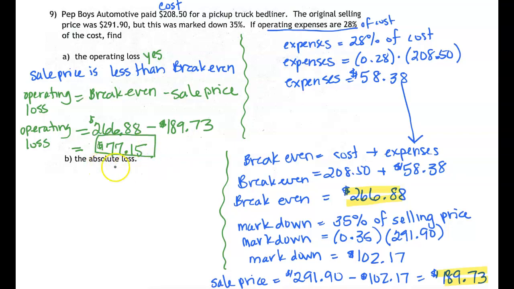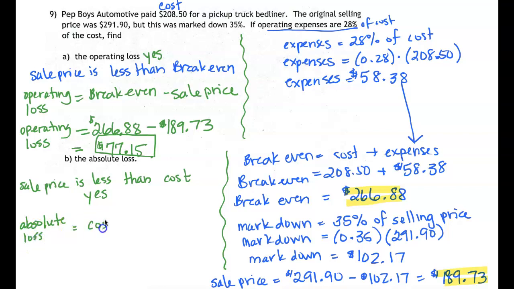An absolute loss is when the sale price is less than the cost to the store. So in this case, the sale price was $189.73, and the cost to the store was $208.50. So yes, there is an absolute loss. To find the absolute loss, we subtract those.